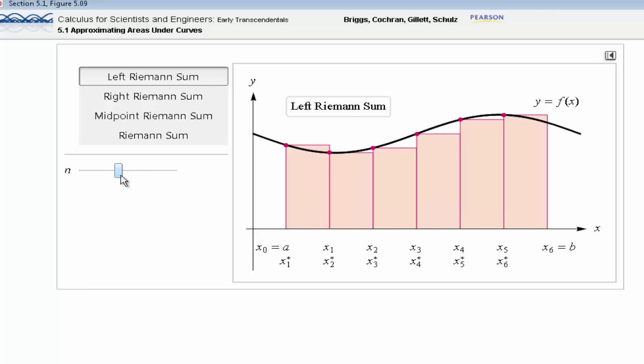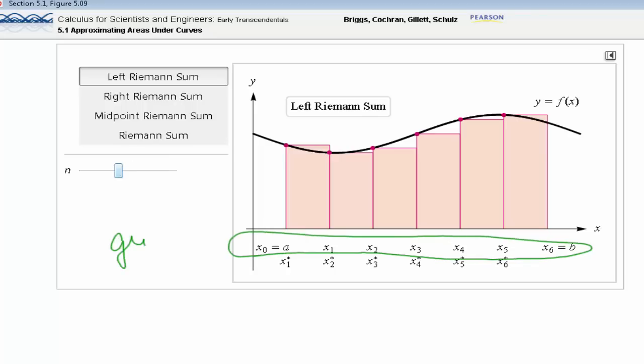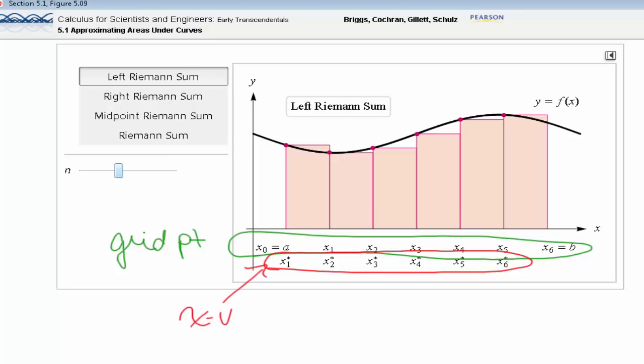And what I want you to look at when you do this is, right here, these numbers are my grid points. They're going to stay the same. But these ones down here are my x values. So talk about lots of notation. This point right here has 3 names.